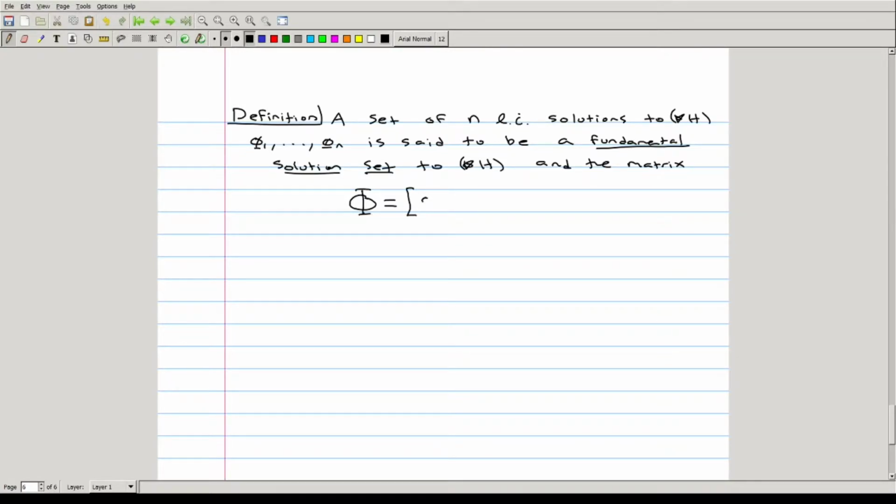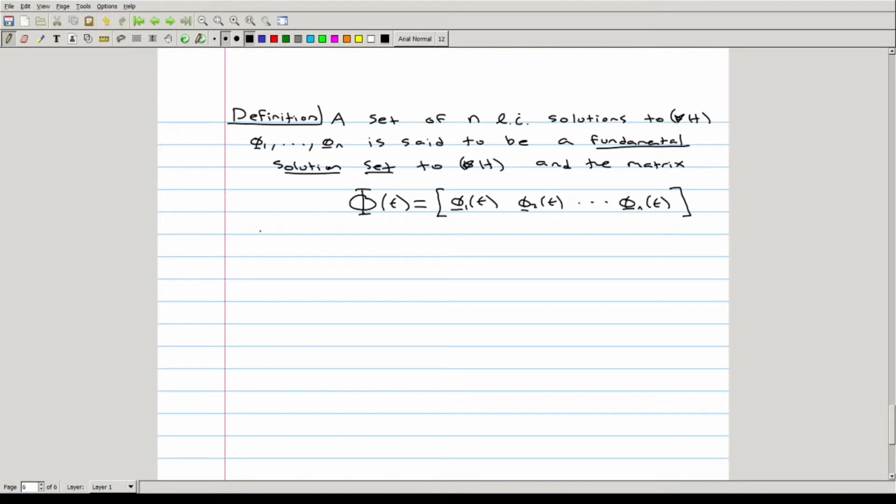Phi1 of t is the first column of this matrix, and this is a matrix of functions: phi1 of t, phi2 of t, all the way to phi(n) of t, where the columns are the fundamental solutions from the fundamental solution set.